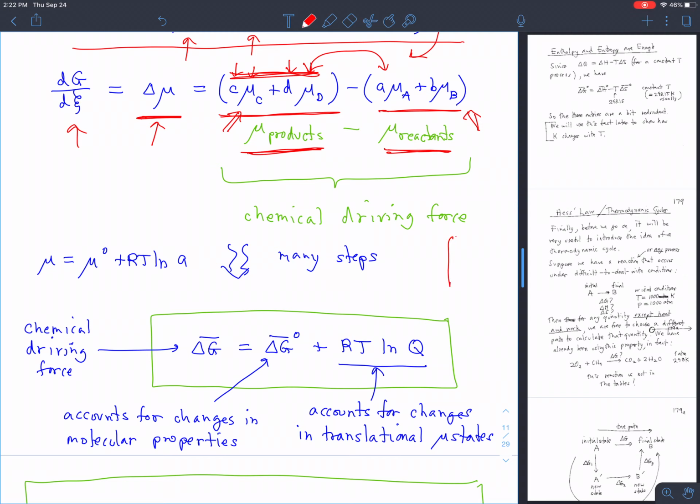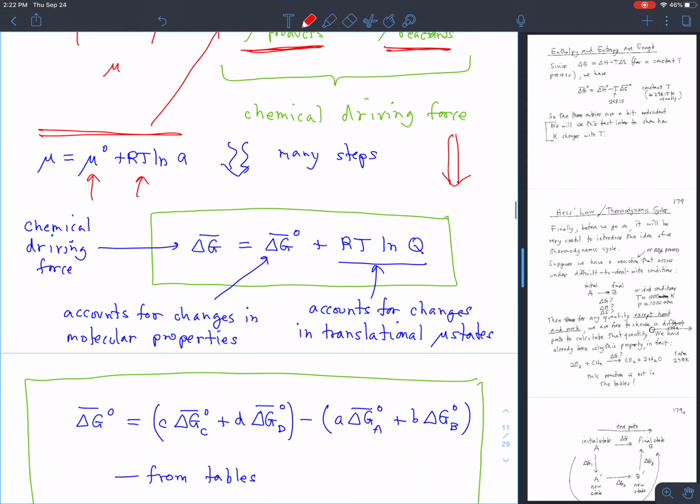Now I won't go through the algebra, but if I plug in mu equal to mu 0 plus RT log of activity for A, B, C, and D into this expression up above, and do a bunch of algebra, then we get back our again familiar and standard expression for the change in Gibbs free energy for a chemical reaction at constant temperature and pressure.